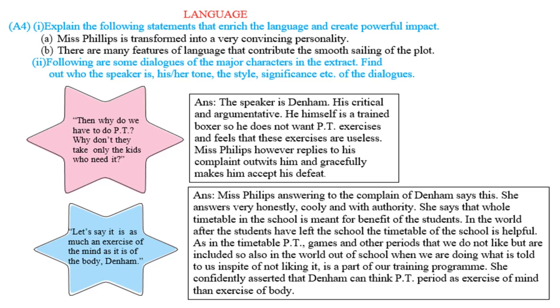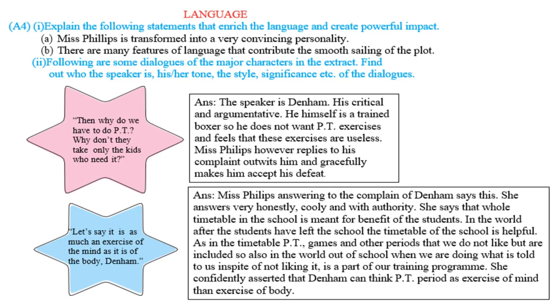Next is, following are some dialogues of the major characters in the extract. Find out who the speaker is, and her tone and style, significance, and dialogues of writing that you have to explain. In the start the dialogue is given, and in the box the answer is given. You can go through it. First one is, why do we have to do PT?